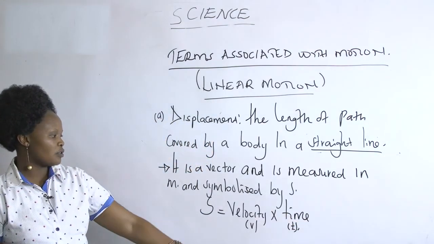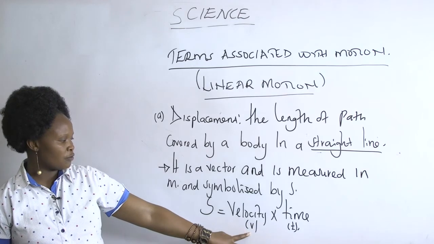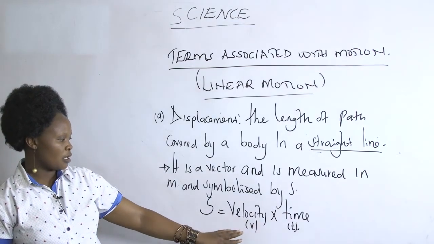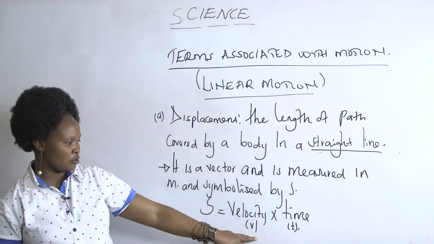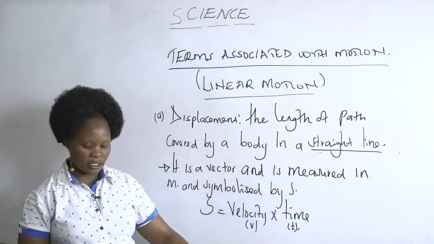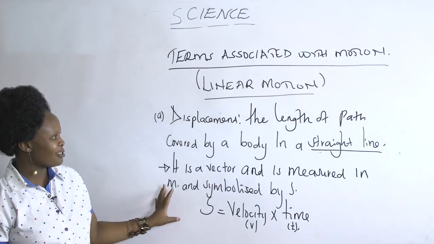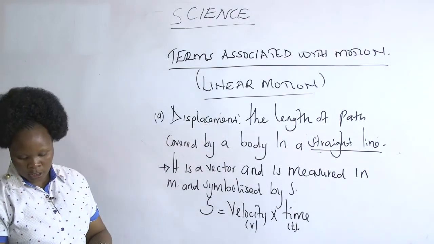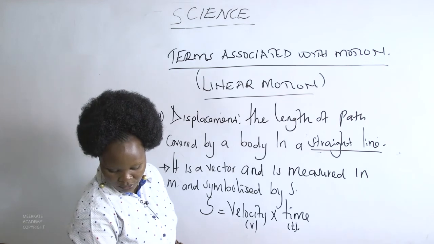If you take the velocity of an object and multiply it by the time taken, you will find the displacement that is going to have been realized.